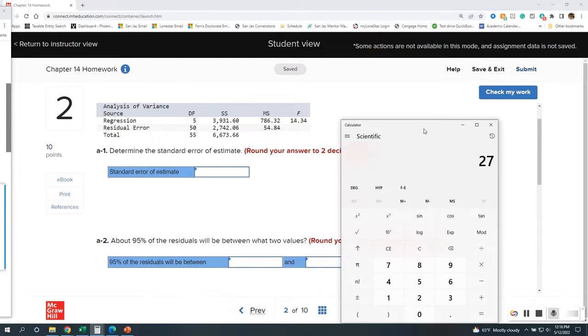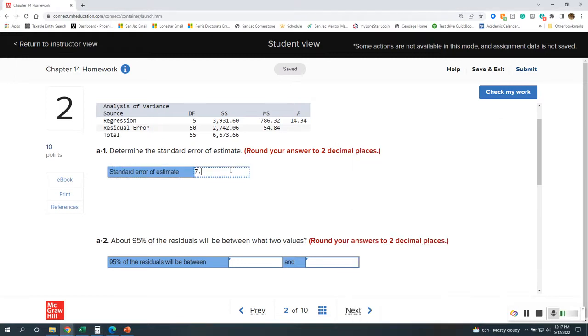We're going to take our SSE, which is 2742.06, divided by, in parentheses, 58, minus our K, 5, plus 1, close parentheses, equals that, and then square root. So click the square root. So we're looking at about 7.26. Right, 2 decimal places, yeah, 7.26.